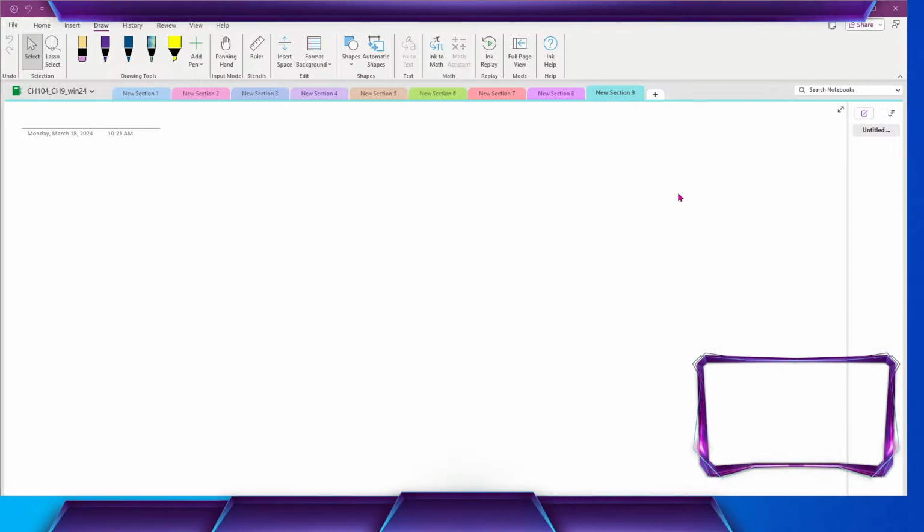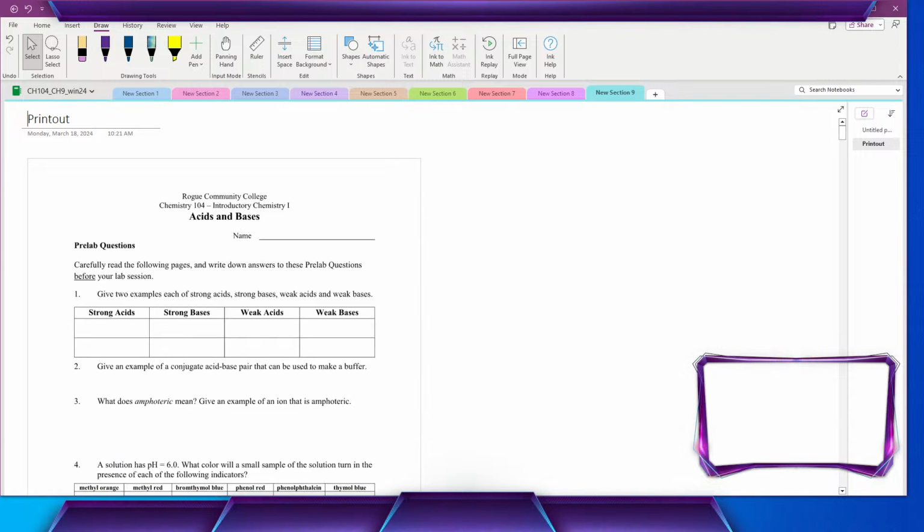Yeah, the acids and bases. I should be printing it over. And then just let me know which one it is.